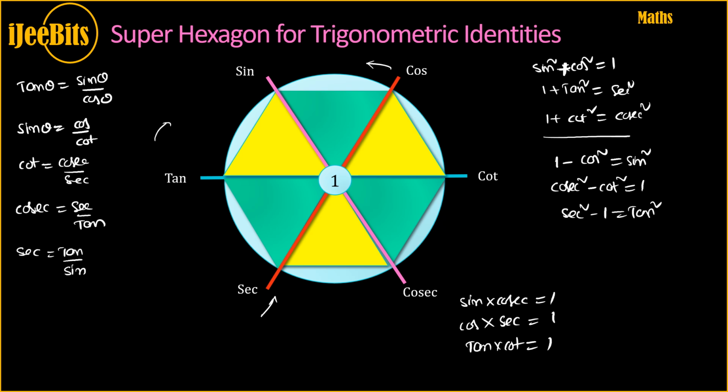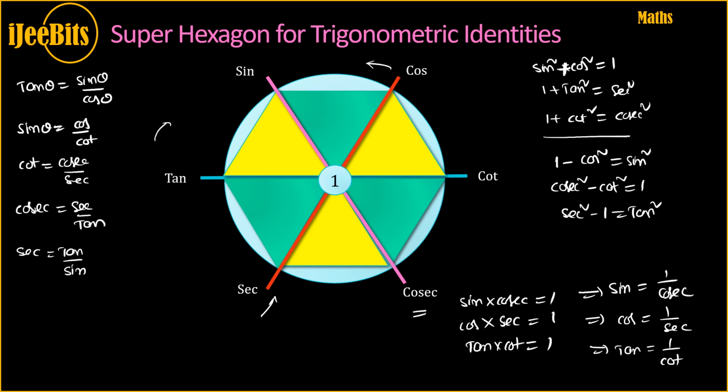Got it? And then the other relationship that we find is sine is nothing but 1 by cosecant, cos is nothing but 1 by secant, tan is nothing but 1 by cot, or vice versa too, right?